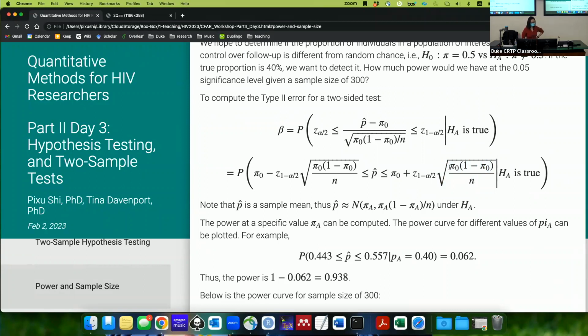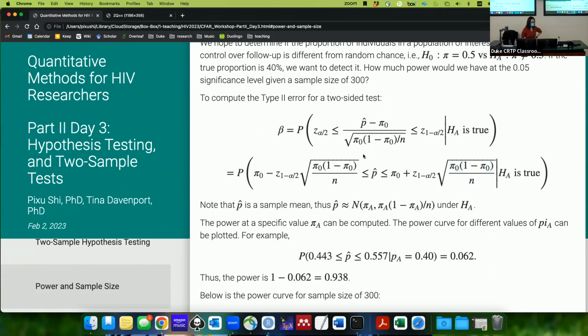So how is it going to affect it? Suppose I have pi 0 that's 0.5. What's going to be the numerator? It's going to be 0.25. If I have pi 0 that's 0.1, the numerator will be 0.09. So which one is larger? 0.25 is larger.